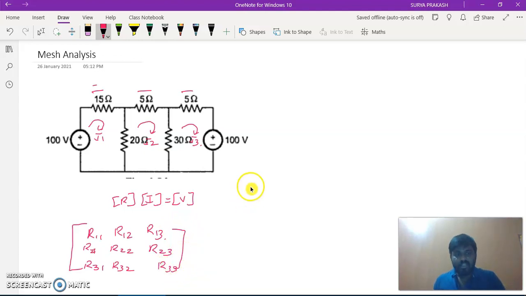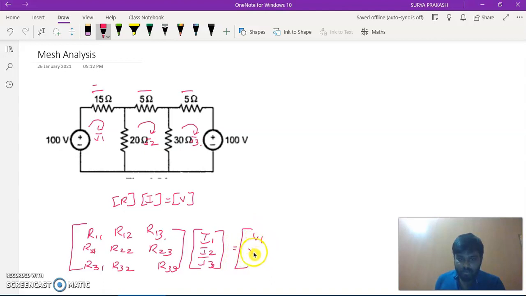So this is our resistance matrix. Then there is a current matrix: the three currents I1, I2, and I3 are equal to V1, V2, and V3, which are the three voltage levels. So we need to find R11, R12, and R13.